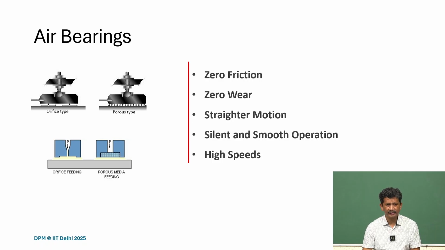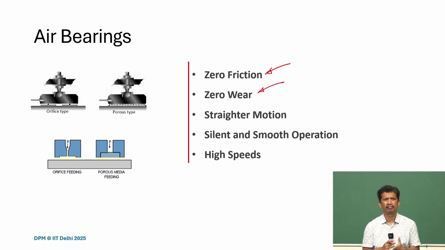And what we realize is that since we have an air gap and air film there, it can slide very easily. So there is almost no friction, so zero friction. Of course, the viscous drag is there, but again the viscosity of air is very small. So the effective friction is almost zero. So no friction, no physical contact, so zero wear.